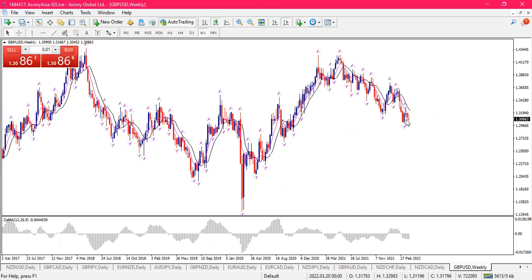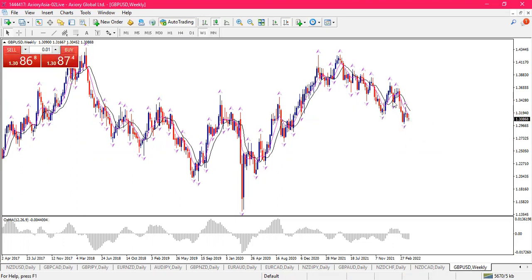So it's likely that there will be more sells happening in the market. So going forward, if I'm going to be taking a trade on GBP USD, I'll be looking at taking a sell.